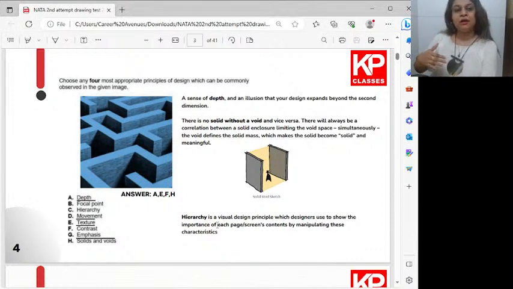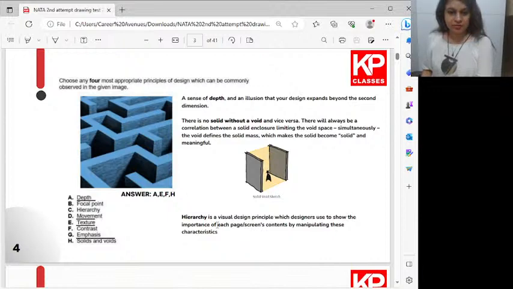Okay, and in the following video, you will see that there are a lot of images with the option of hierarchy, right? So it's better to understand the meaning right away. In visual design, hierarchy is a principle which designers use to show the importance of each page or screen's content by manipulating these characters.